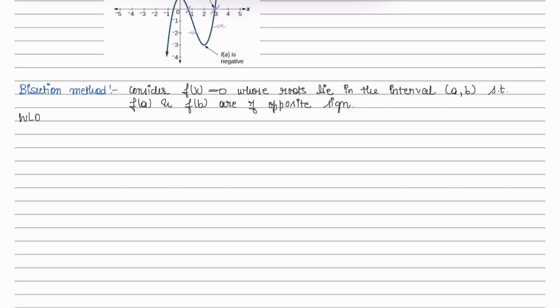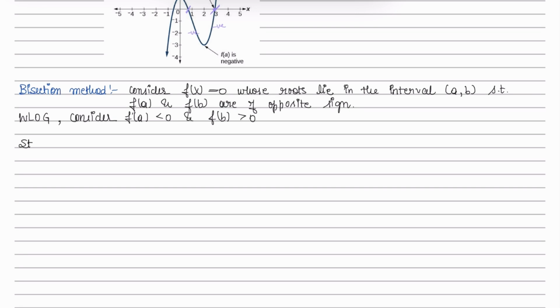Without any loss of generality, consider f of a is less than 0 and f of b is greater than 0.